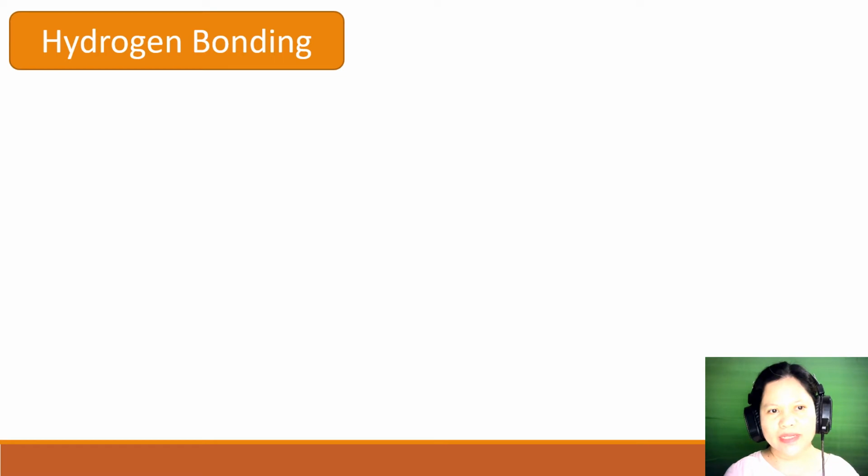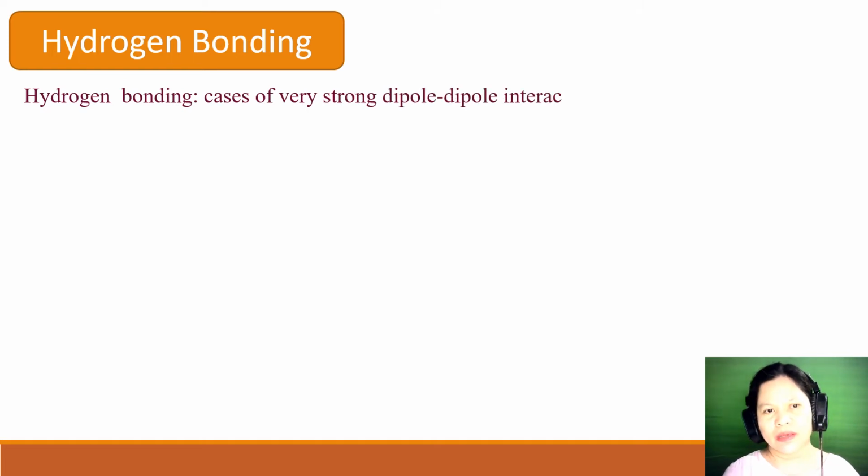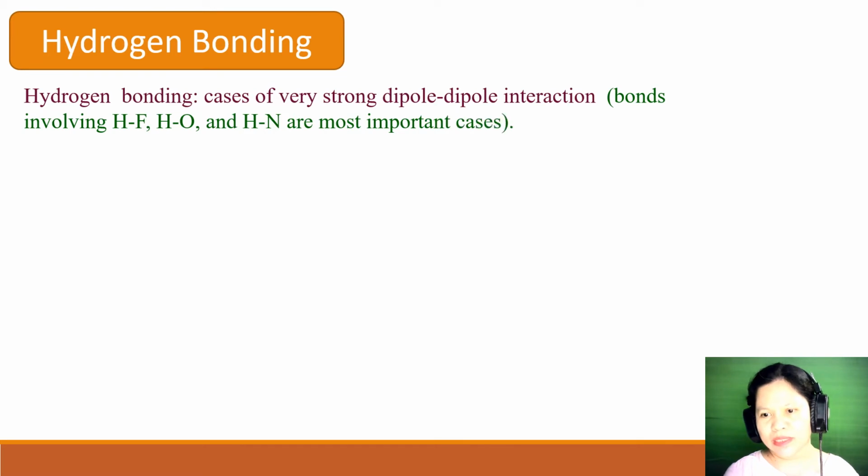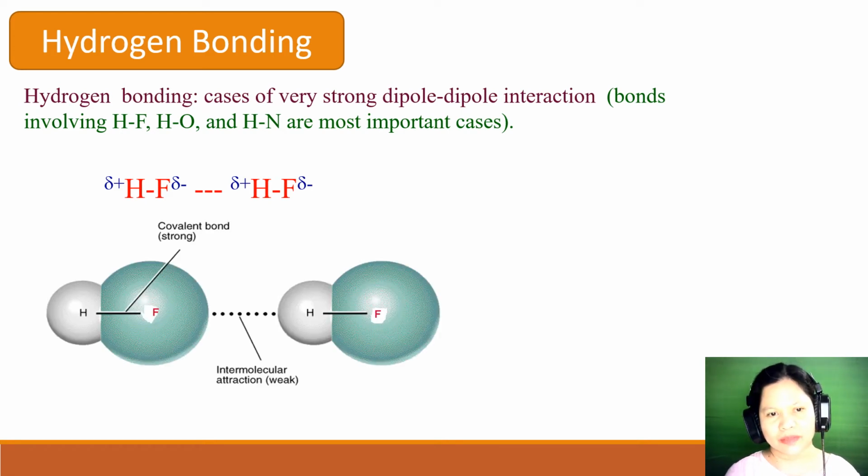Now, the fourth one is hydrogen bonding. For hydrogen bonding, in this case, a very strong dipole interaction is observed, especially if it bonds hydrogen with fluorine, hydrogen with oxygen, hydrogen with nitrogen. So they have very strong dipole-dipole interaction.